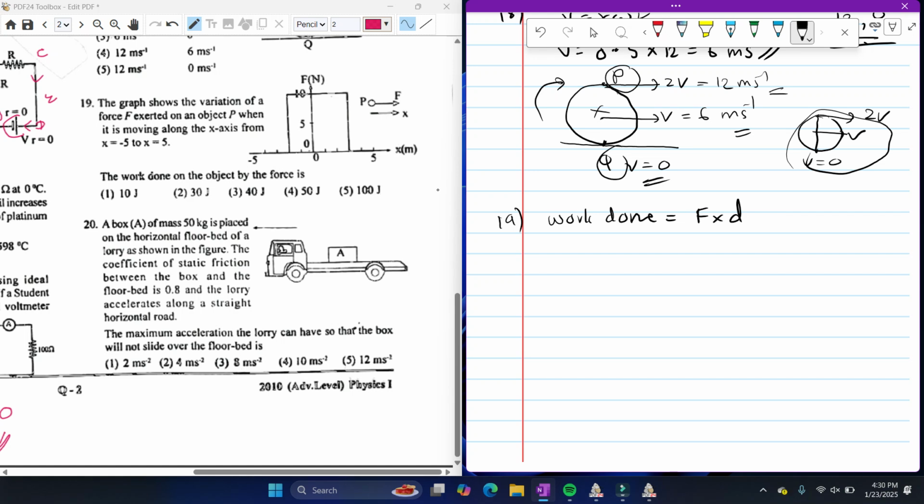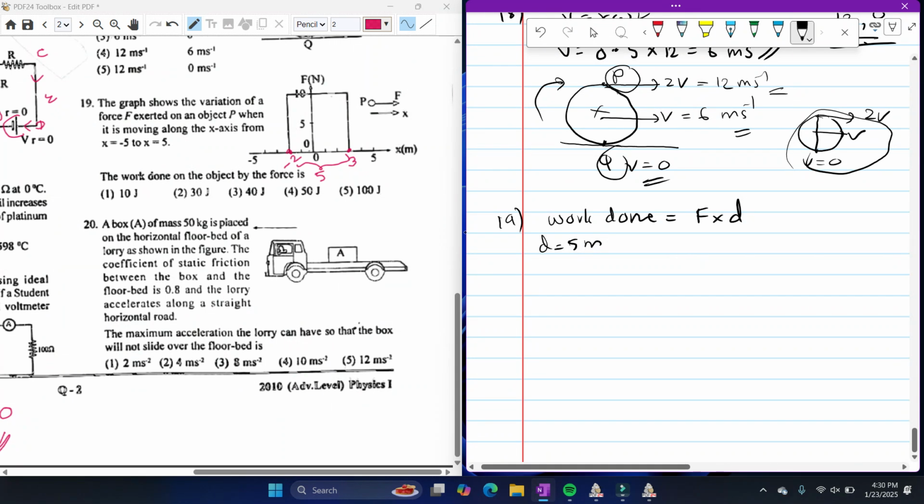So from minus 2 to minus 3, there's a difference of 5 meters. So distance is 5 meters.